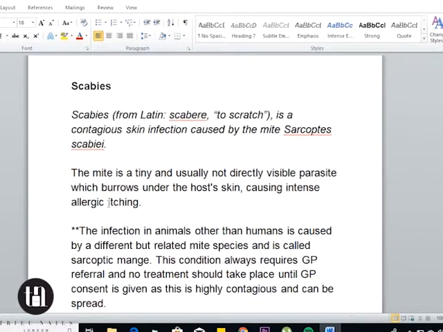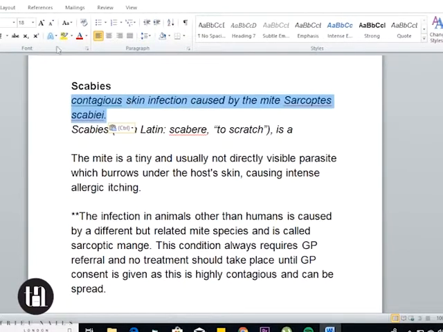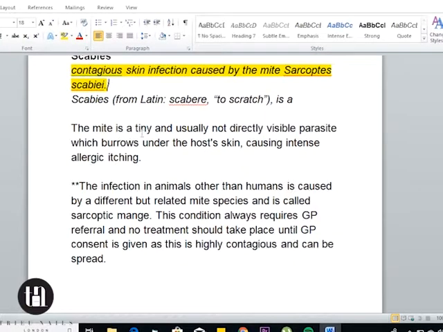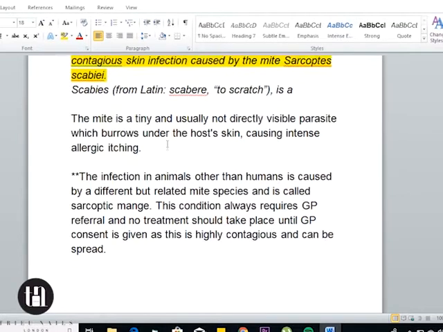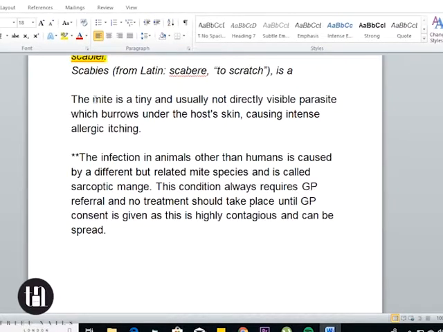The next one you might be more familiar with is scabies. It's a contagious skin infection caused by a mite. The mite is a tiny and usually not directly visible parasite which burrows under the host's skin, causing an intense allergic reaction.